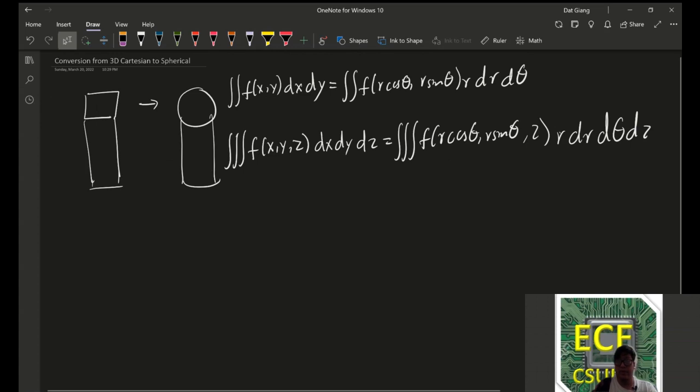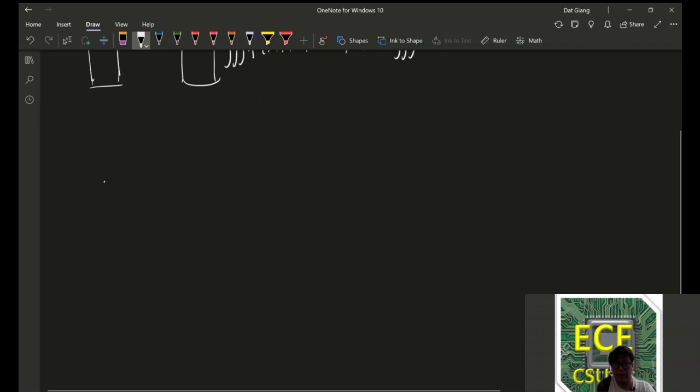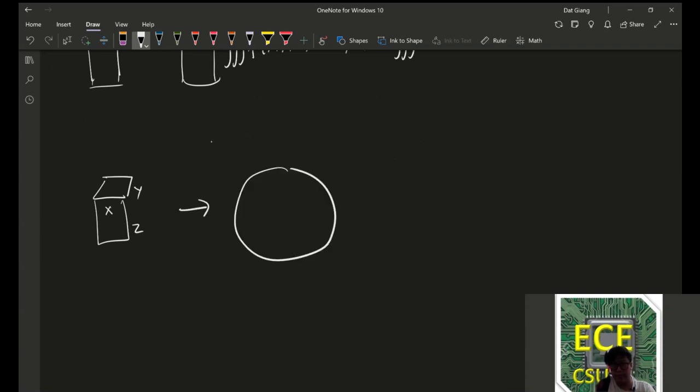Now, what happens if we were to convert from 3D Cartesian to spherical? First, I'm going to draw the picture again. We have our x, our y, and our z. And we are intending to convert this into some kind of spherical shape with a flat radius r and a general radius rho.